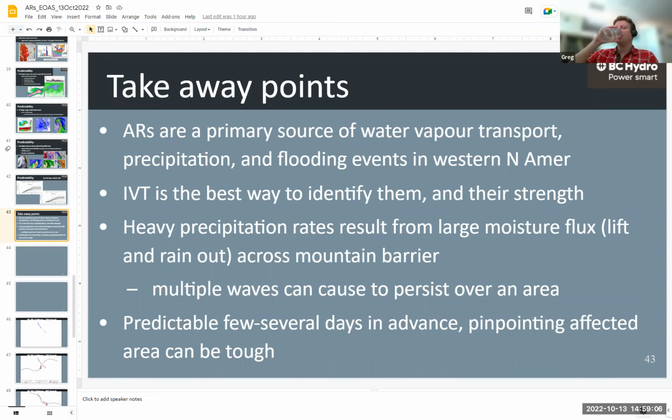Hi, Greg. Sorry, Zane here. On this topic of the topography being important, which I agree with very much, I saw in your slides where you had a problem where you over-predicted the rainfall coming from an atmospheric river. Was this situation inland behind the topography or not?